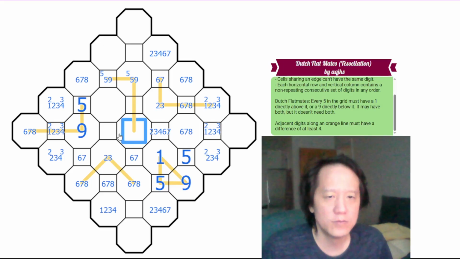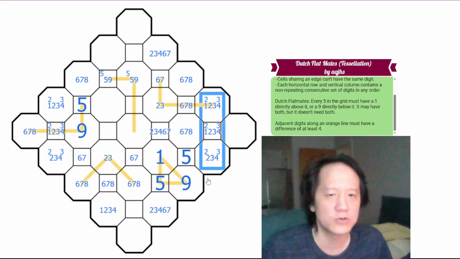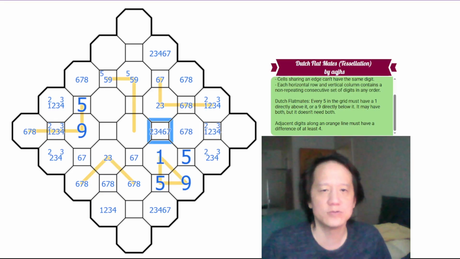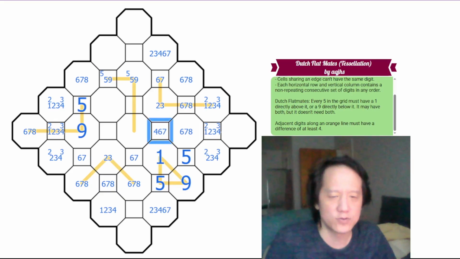So we cannot have 2 and 3 in any of the remaining digits or cells in rows 4, 5, and 6, which is not in one of these two cells or in column 2 or column 8. So this cannot be 2 or 3. It's 4, 6, 7.